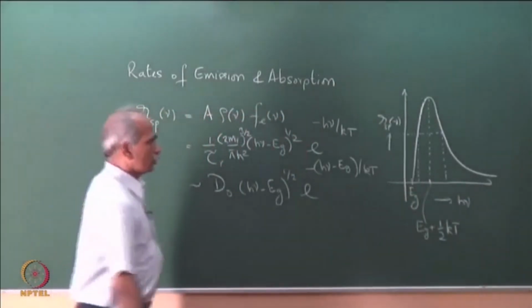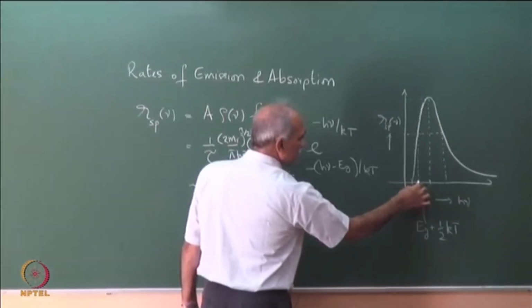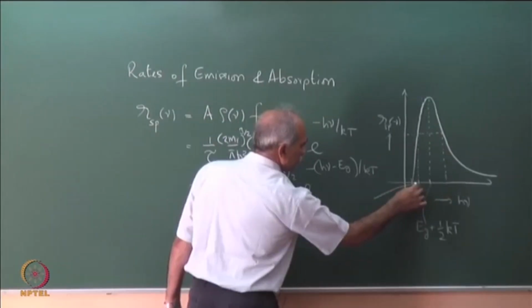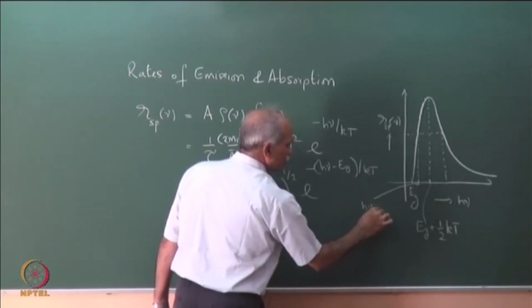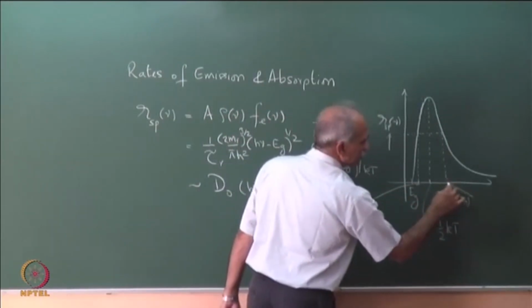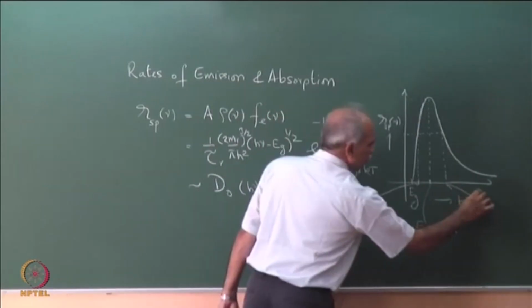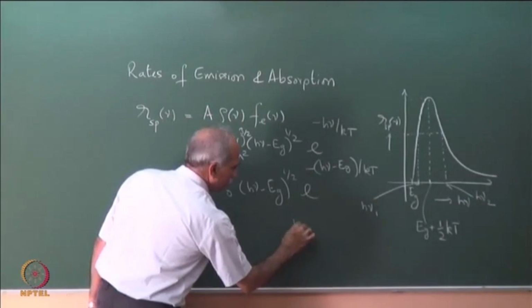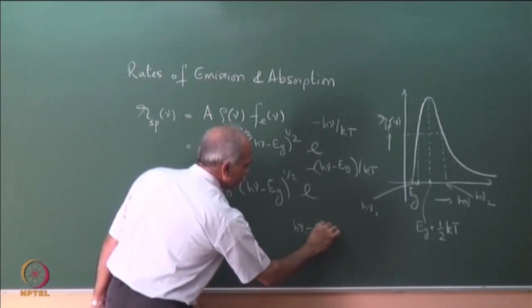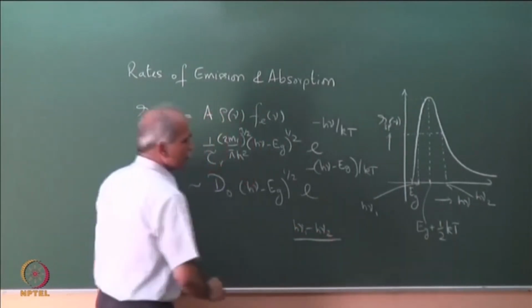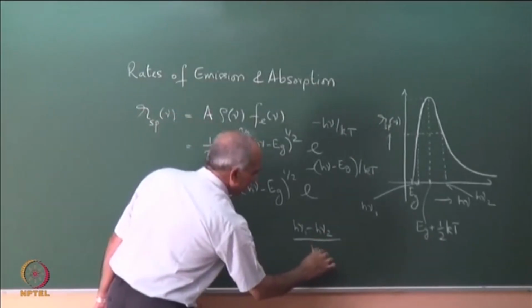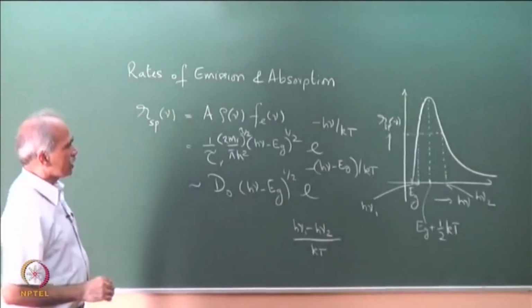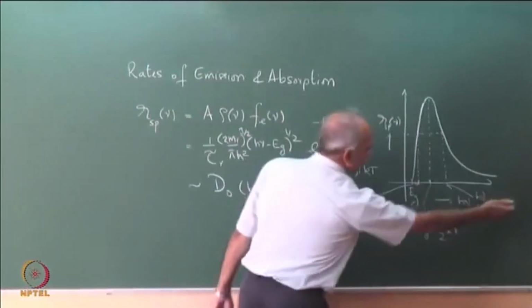Let us say this point here is h nu 1 and this end here is h nu 2, then we have h nu 1 minus h nu 2 by k T.